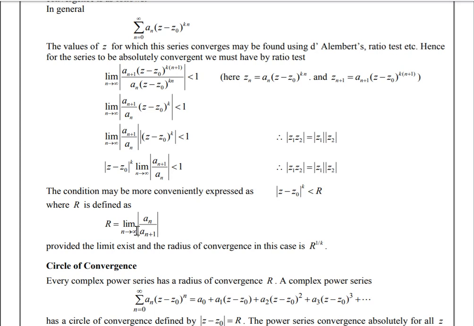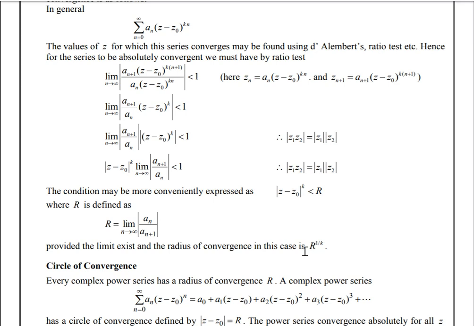Here r is defined to be this one, provided this limit exists. Now the radius of convergence is to be mod of z minus z naught less than r power 1 over k, not only r. Here the radius of convergence is r power 1 by k. Note that this is the major difference.